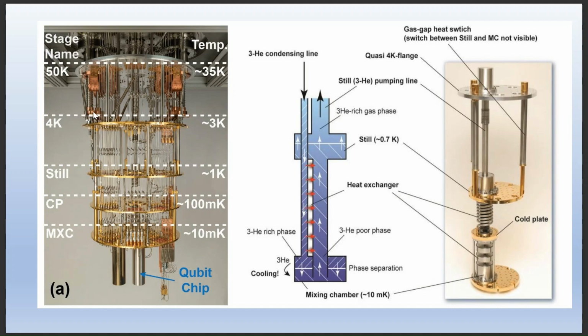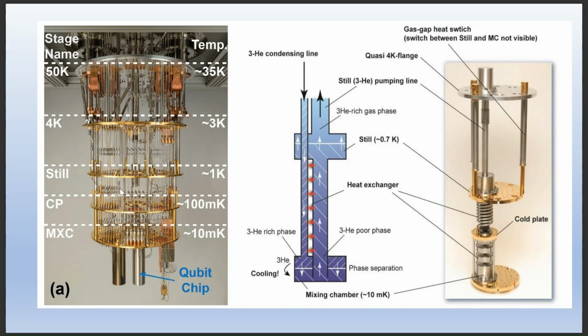This is the part of the pulse tube cryocooler. When the two plates go down to around 4 Kelvin, the actual dilution process starts. We introduce the helium-3 helium-4 mixture through the condensing line.